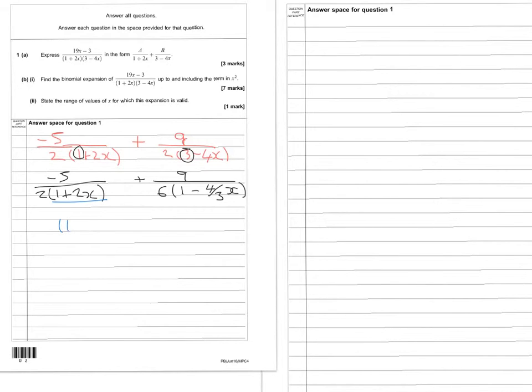This is 1 plus 2x to the power of negative 1, which from my formula sheet is 1 plus negative 1 times 2x plus negative 1 times negative 2 times (2x) squared over 2 factorial, which gives me 1 minus 2x plus 4x squared. I put that squared in the wrong place, it should be outside the bracket there.